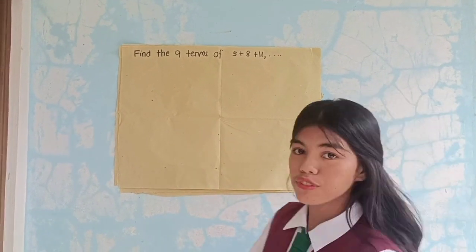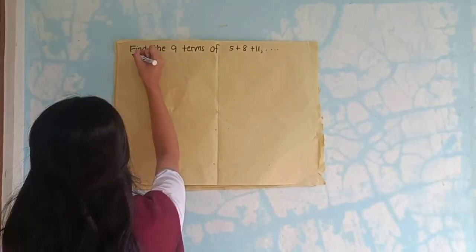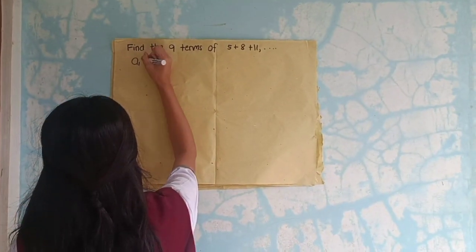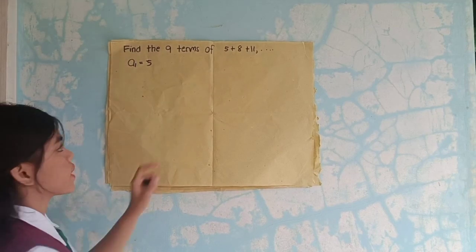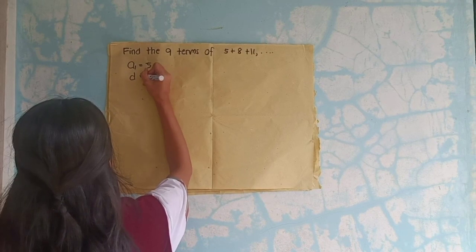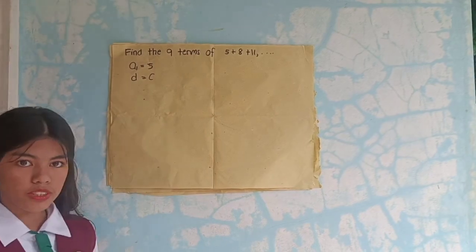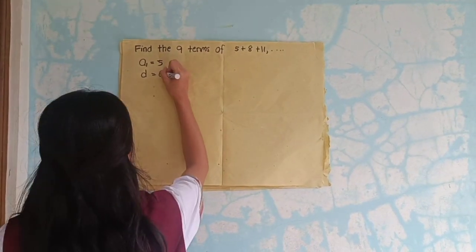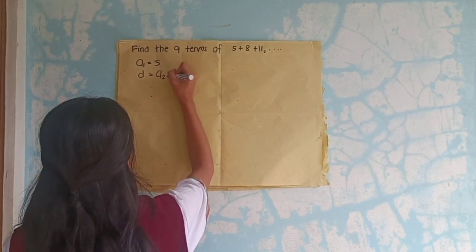So let us first identify the a sub 1. Our a sub 1 is equal to 5 because that's our first term. And second is the common difference. To find our common difference, we need to subtract a sub 1 from a sub 2.